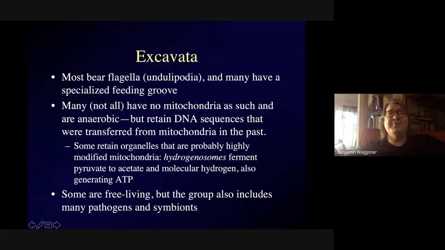This has never particularly caught on outside of Margulis's circle. In some books, you might encounter undulipodia to mean specifically eukaryotic flagella. I don't personally care. If you want to call these flagella, I will not object. But do know that the structure of eukaryotic flagella is not at all the same as what bacteria have.